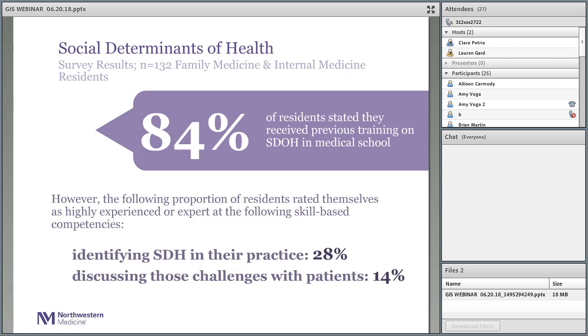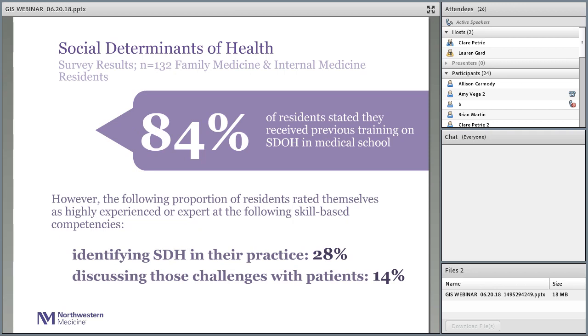And we did that in order to gauge the experiences and perceived skills to date when it comes to residents addressing social determinants of health with their patients. Now, what we found was that 84% of our residents, a pretty impressive number, reported experiencing or being taught about social determinants of health and having had some sort of training in medical school. That was impressive to us. We were happy with that.